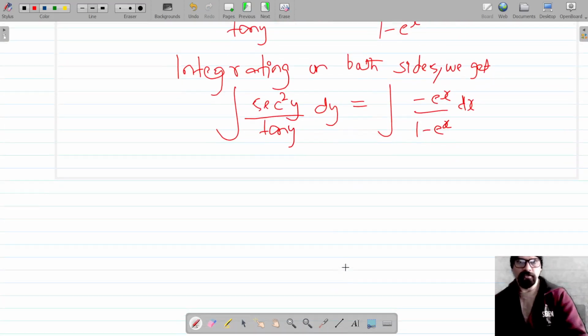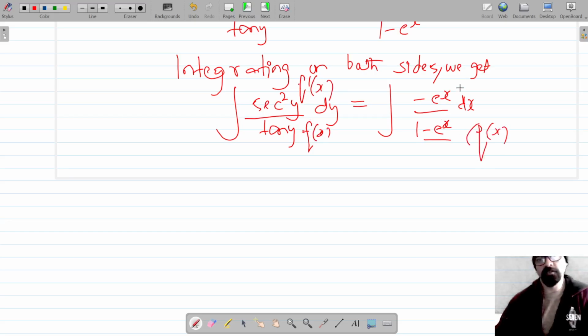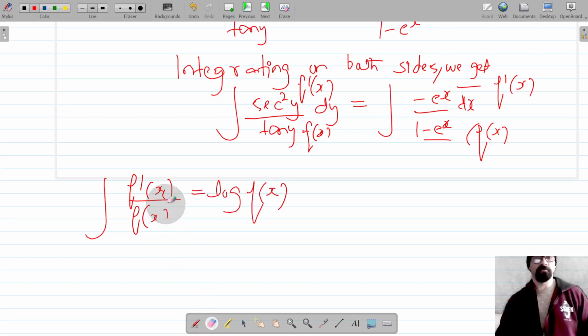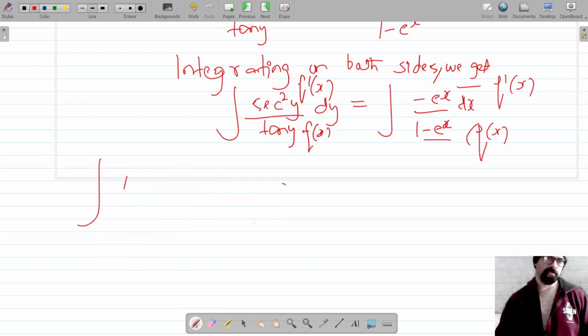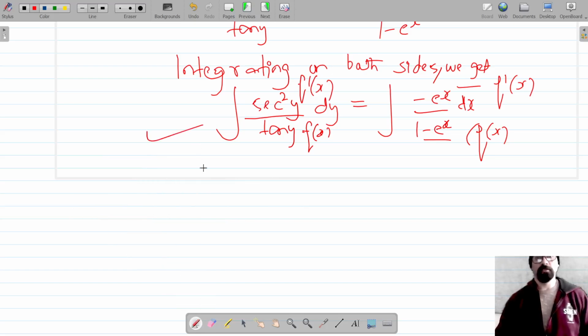Now, these two are of the form, this is f of x, and this is its differentiation f dash x. And we know that integration of f dash x upon f of x is equal to log of f of x. So this is the formula for integration of the differentiation upon the function is equal to log of f of x. So we can use this on both these sides.